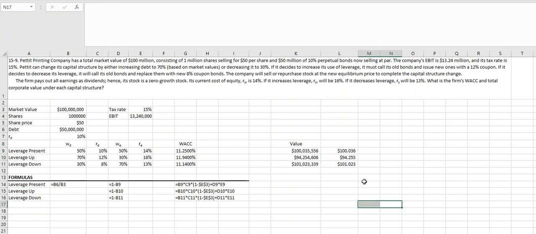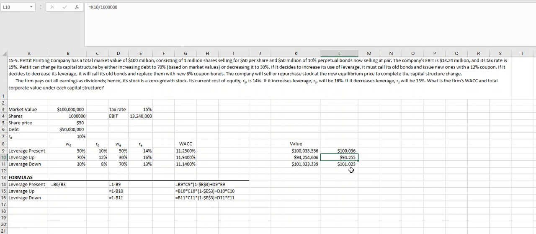So depending upon where you look in the text, you'll probably see answers close to this, at least for leverage up, leverage down. So technically the value is a little bit over 100 million, but pretty darn close. So if the firm leverages up, you'll see 94.255 million. And if the firm leverages down, you'll see 101.023 million.